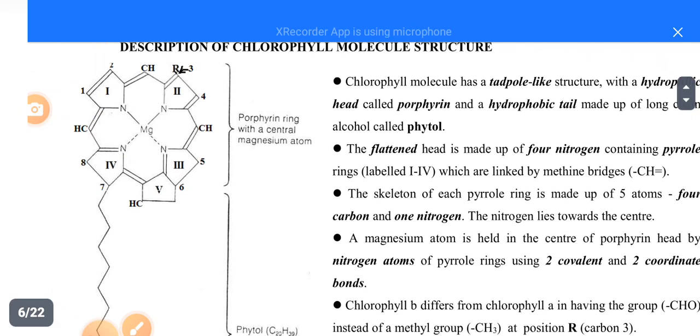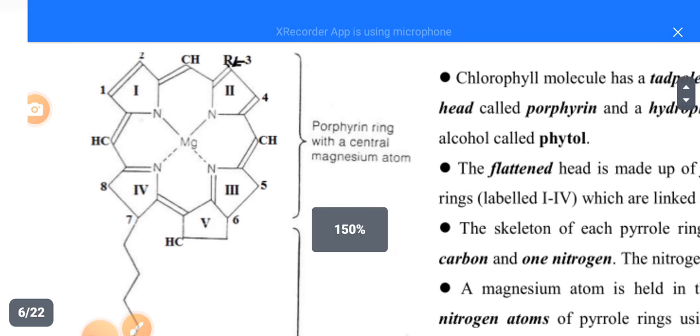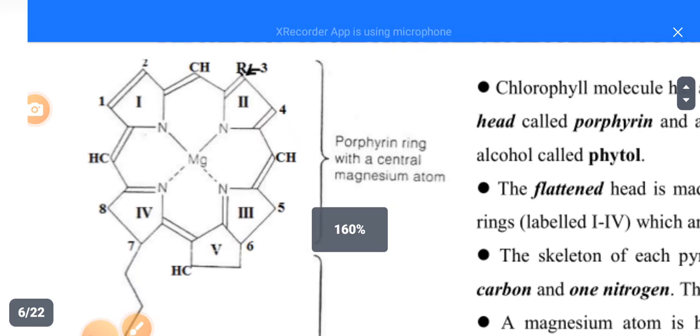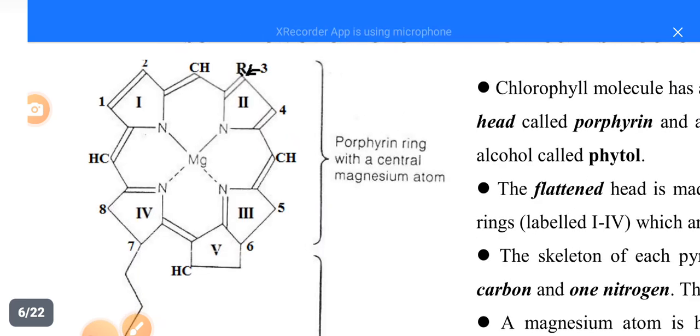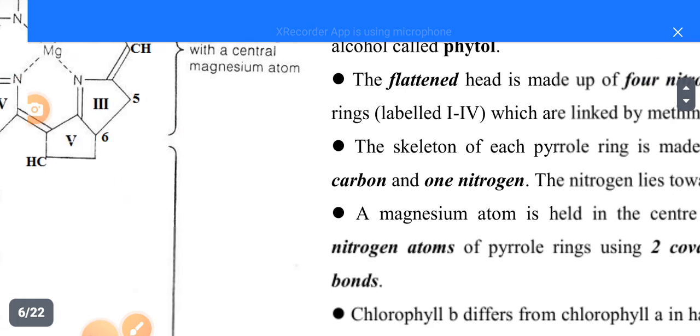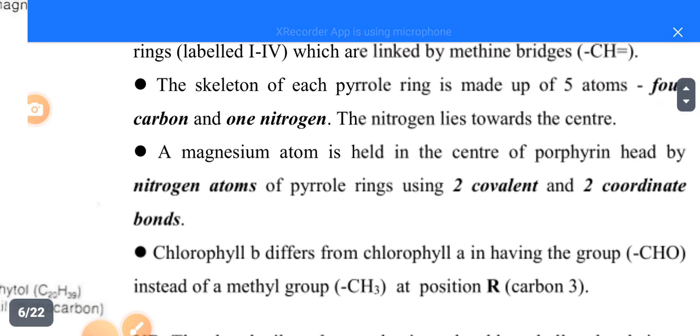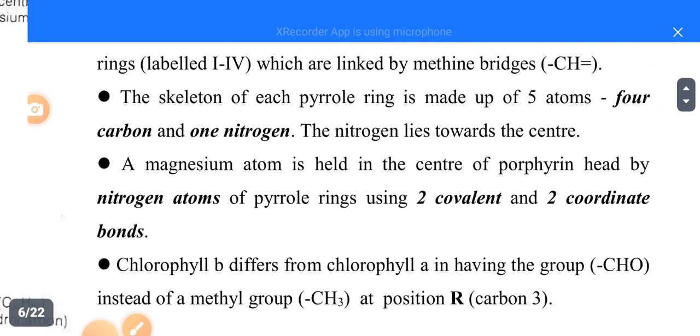Now in the chlorophyll molecule, its structure has the magnesium atom in the center, surrounded by the 4 nitrogen atoms. These are the nitrogen atoms of the pyrrole rings.